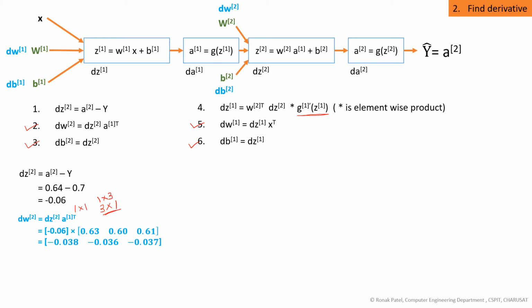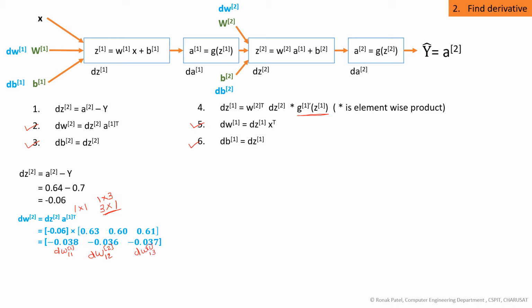Now what does each individual term mean? The first term is dw112, the derivative of the loss function with respect to w112. The second term is the derivative of the loss function with respect to w122, and the third is dw132.